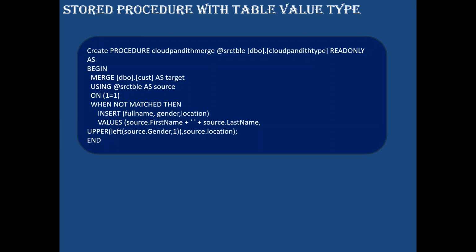From this particular Cloud Pandit type, all the values I'll be assigning to this SRC table, right? This is the stored procedure parameter, which gets the actual table name, the type name. So using that particular SRC table, okay, source table, I have the source first name, source last name, I have a source gender, I have a source location.